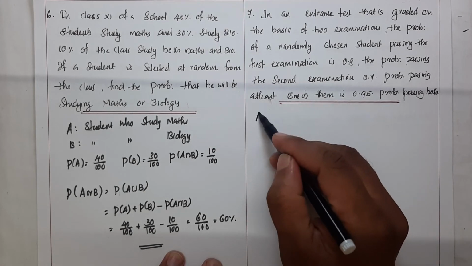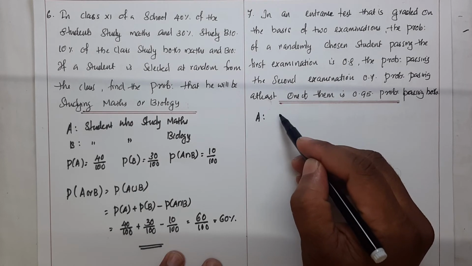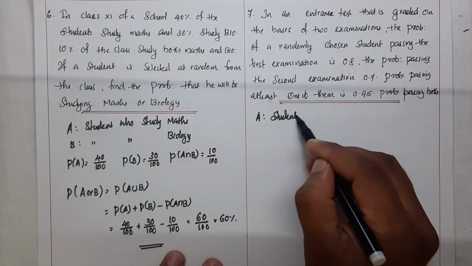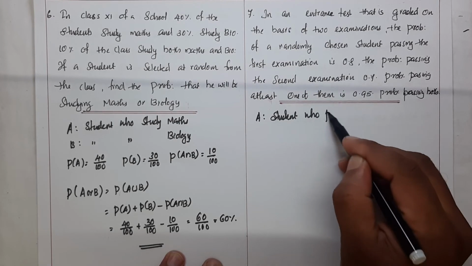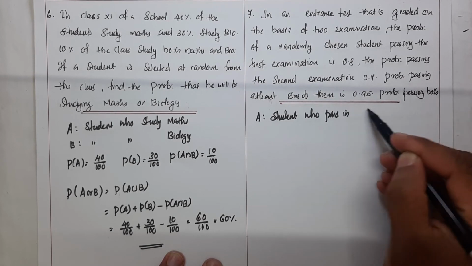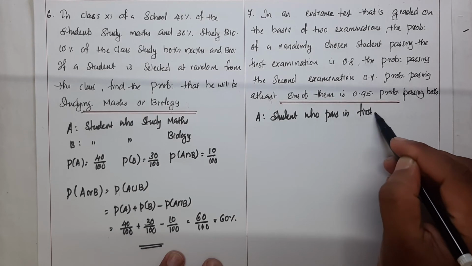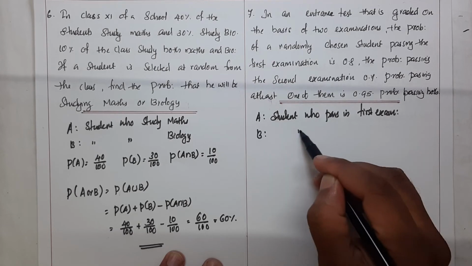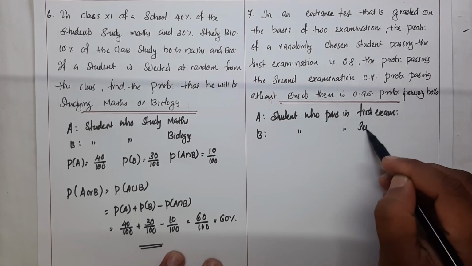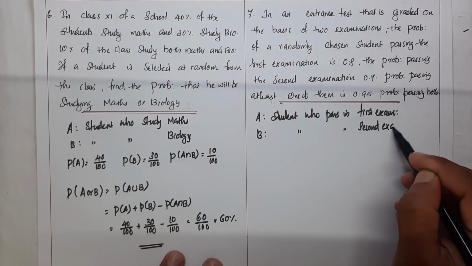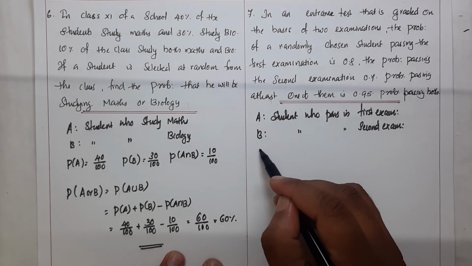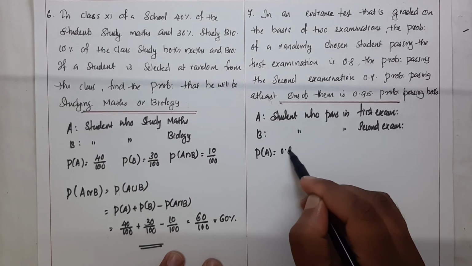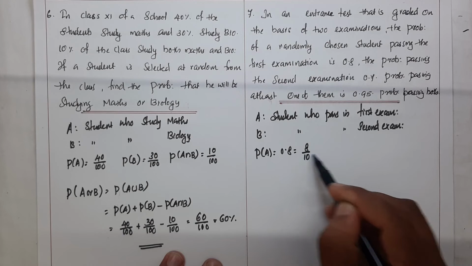Here, A denotes the event that a student passes the first examination, and B denotes the event that a student passes the second examination. Now P of A is 0.8, that is 8 divided by 10.